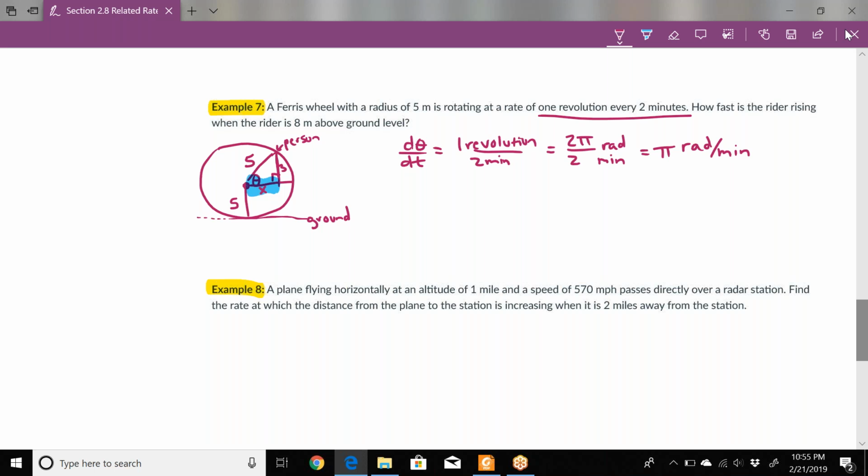And we can also talk about this triangle using some sine, cosine, and tangent if we would like to. Let's just write a few facts down so we have them. If theta is our reference angle, then the sine of theta would be 3 over 5, the cosine of theta would be x over 5, and I don't know that we'll need it, but tangent of theta would be 3 over x.